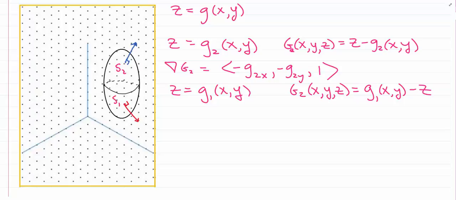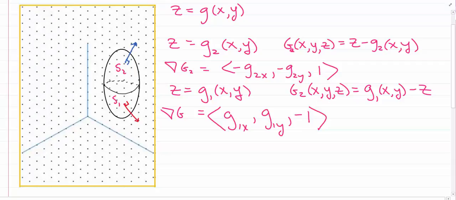We've not done a lot of this kind of analysis, but if we talk about the gradient, what we're going to get is G1x, G1y, and negative 1 here. Oh, this is G1. I guess I was in the habit of calling it G2. Okay, so that's just some preliminaries. Does everybody see how that would be the normal if we're going outward?